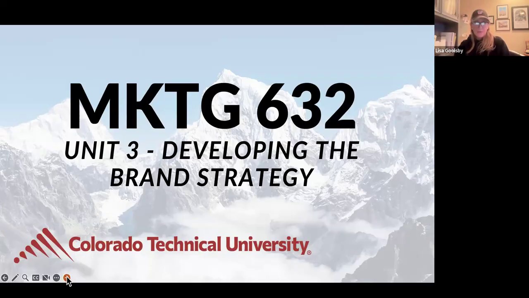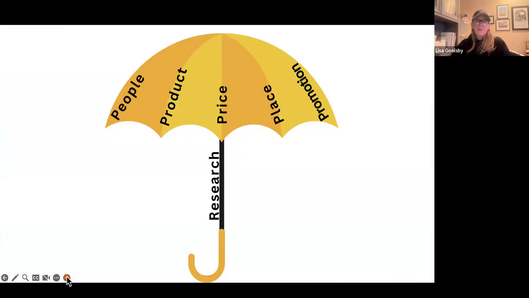Anyway, I have a new and improved marketing umbrella. Again, just a refresher: marketing encompasses a lot of things. This umbrella showcases that marketing covers people, the customers that we serve, and products, which can be all kinds of things.